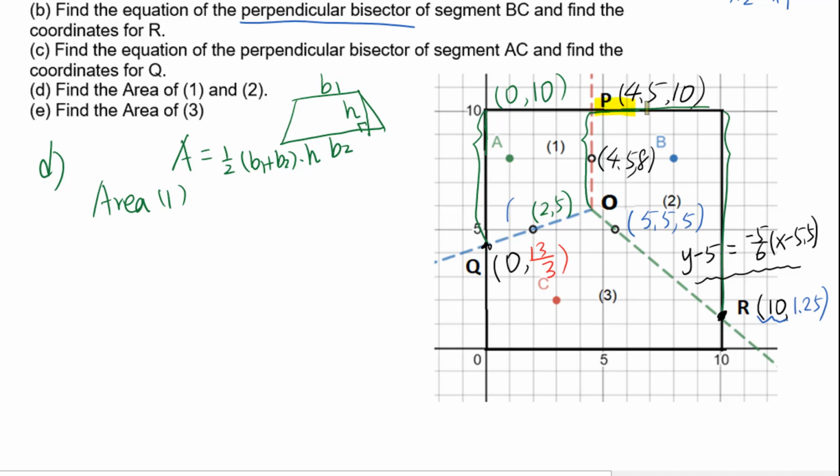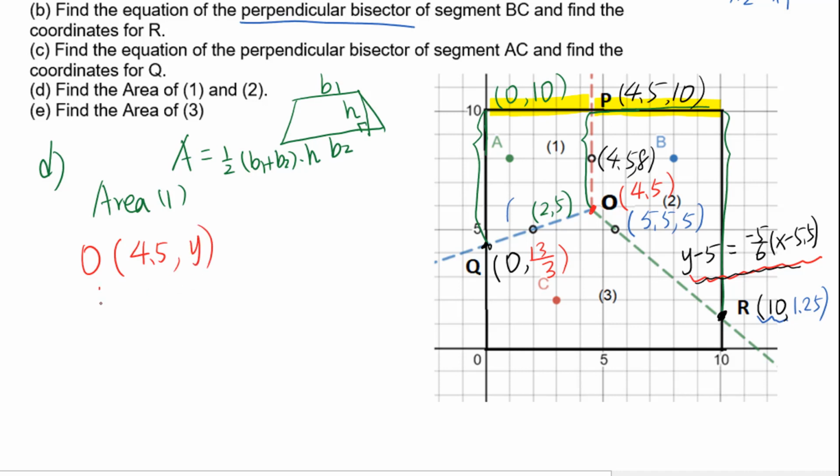Height will be this one, and this one is the other height. Therefore, we need to figure out the coordinate for this O. This O has x of 4.5. Let's label O as 4.5, Y.